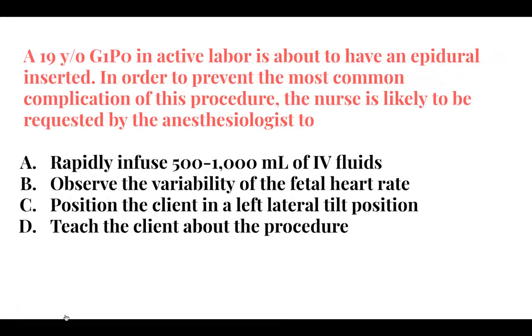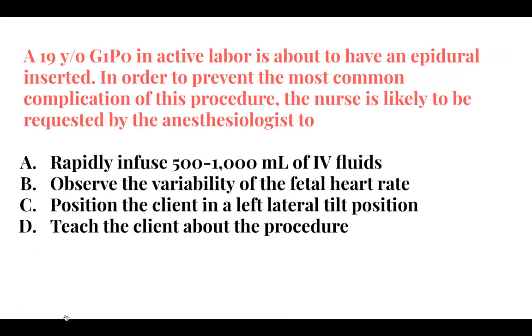All right, so a 19-year-old gravida 1, para 0 is in active labor and is about to have an epidural inserted in order to prevent the most common complication of this procedure. The nurse is likely to be requested by the anesthesiologist to do what? A, so that you're going to want to rapidly infuse that bolus because you want to make sure you prevent that hypotension. Observing the variability is very important, yes. You want to position the client.